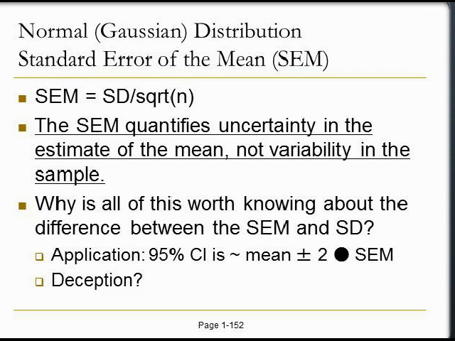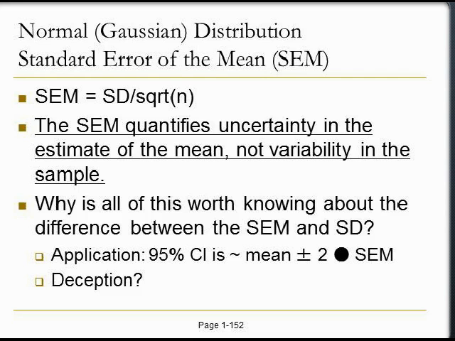The standard error of the mean quantifies the uncertainty of the estimate of the mean, not the variability in a data set. It's useful to know because the 95% confidence interval in a sample is equal to or approximately equal to the mean plus or minus 2 times the standard error of the mean.